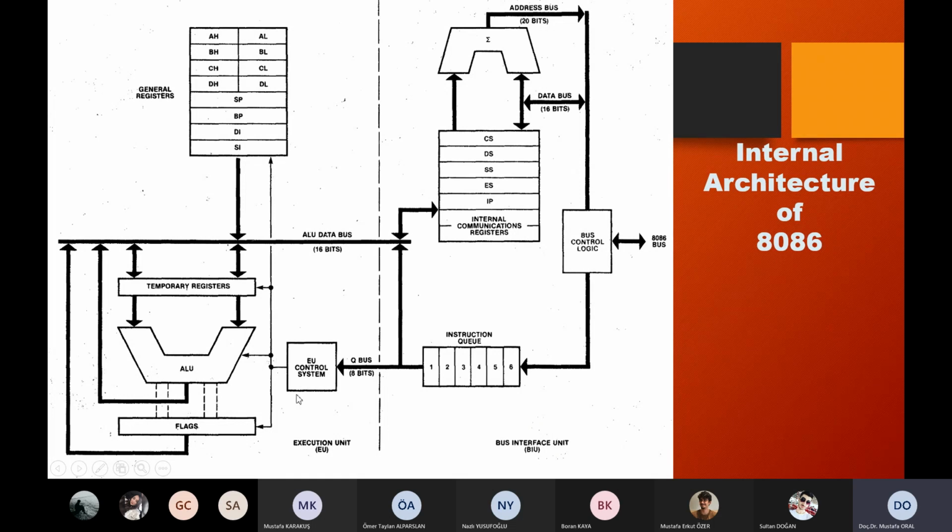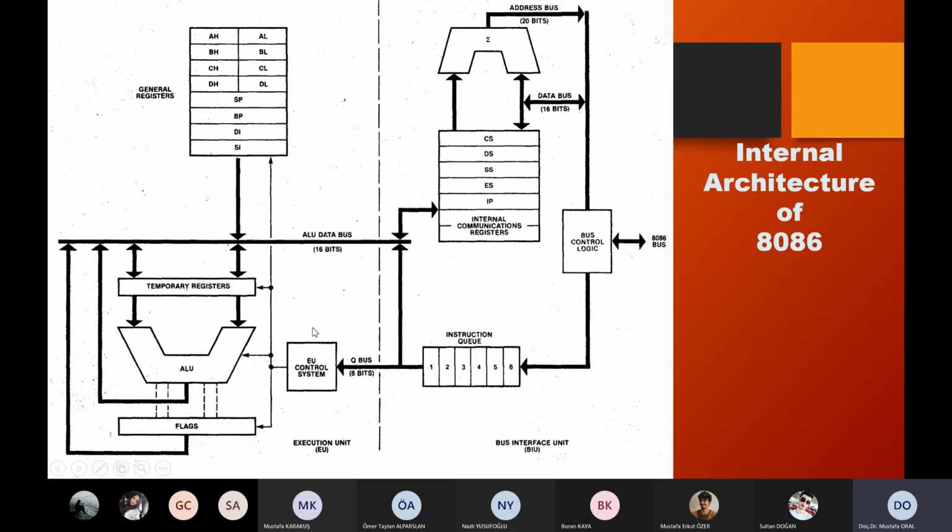So it generates the necessary signals. The information in AL will be fed into temporary registers, and the arithmetic logic unit will add 1 to the content of AL, and the result will be put into the internal bus, and that information will be put through AL. So the value of the AL register will be incremented by 1.